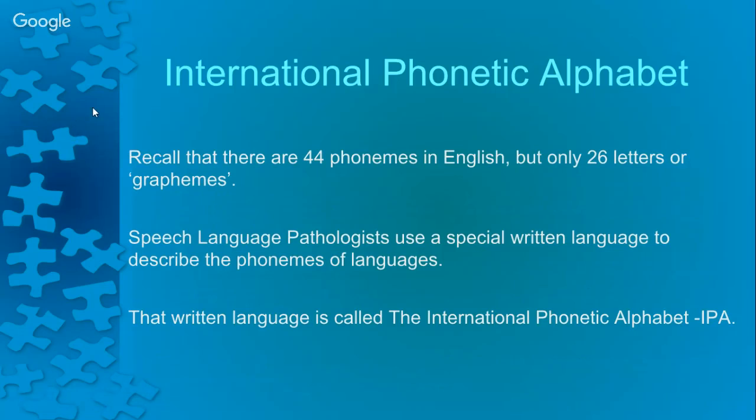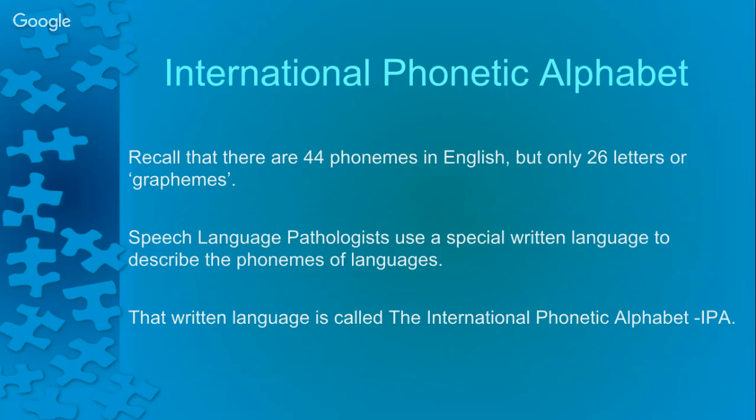You're going to learn more about the International Phonetic Alphabet. Its purpose is to give written language to the phonemes, or the sounds, of a language. Speech pathologists, for one, use the International Phonetic Alphabet to transcribe, or write, exactly what someone is saying.